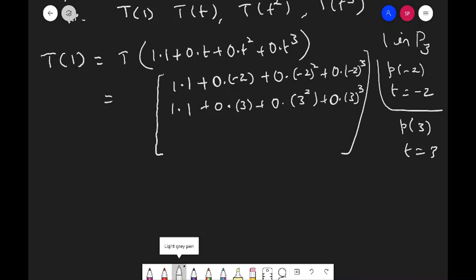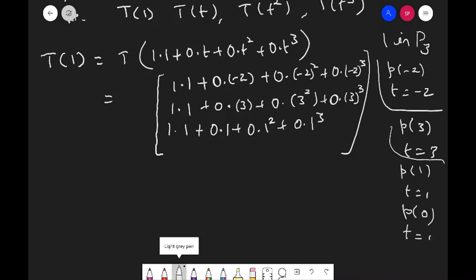And next one is p of 1. p of 1 means t is equal to 1. 1 into 1 plus 0 into 1 plus 0 into 1 square plus 0 into 1 cube. And the last one is p of 0, that is t is equal to 0. 1 into 1 plus 0 into 0 plus 0 into 0 square plus 0 into 0 cube. So which is equal to 1, 1, 1, 1, because all the other terms are zeros only.